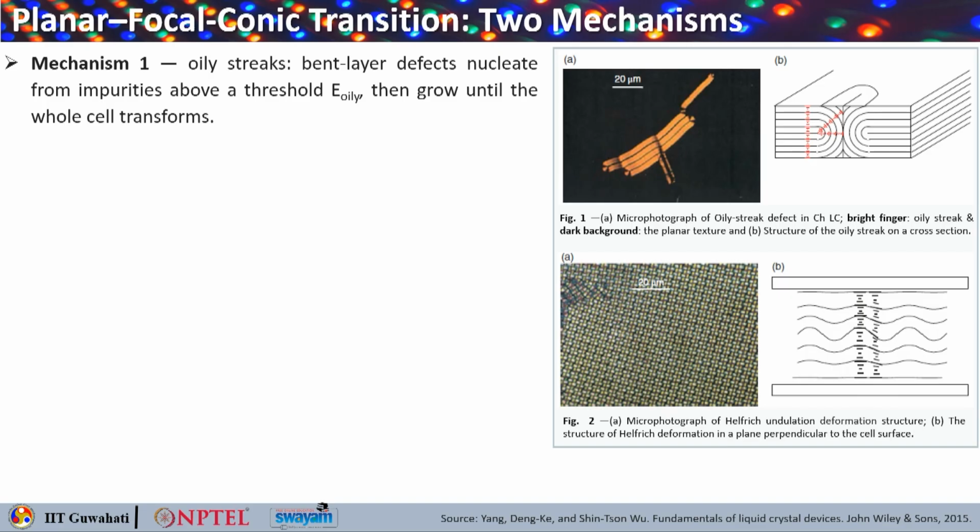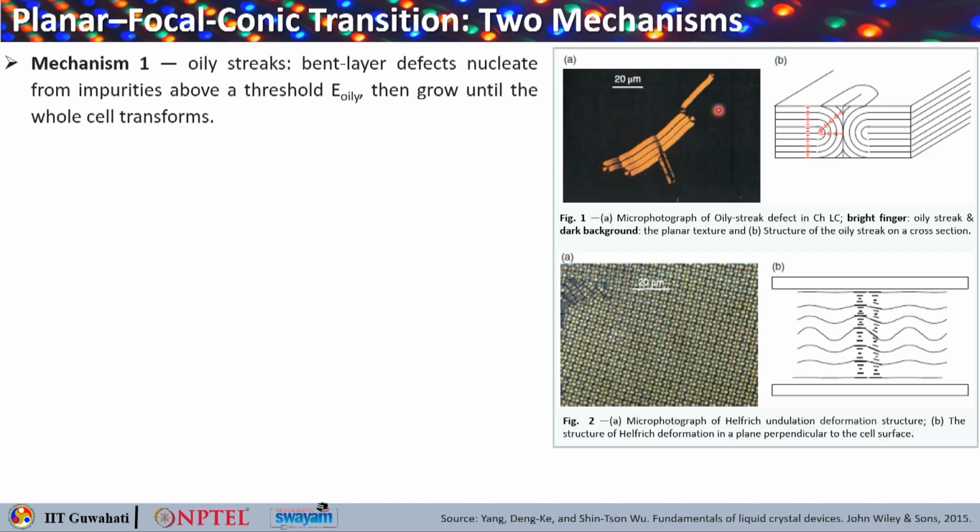Oily streaks. These are the bent layer defects that nucleate from impurities above a threshold, that is E_OLE, and then grow until the whole cell transforms. Figure 1 shows the microphotograph of the oily streak defect in a cholesteric liquid crystal.